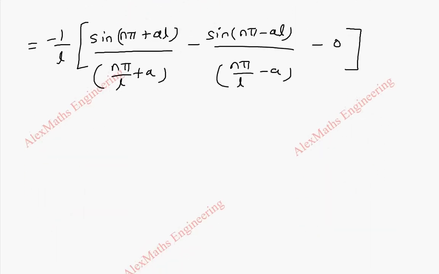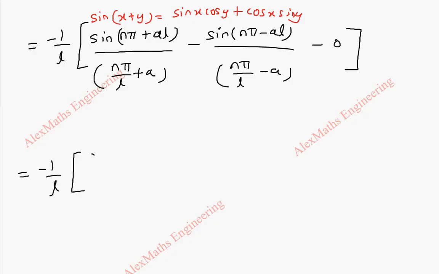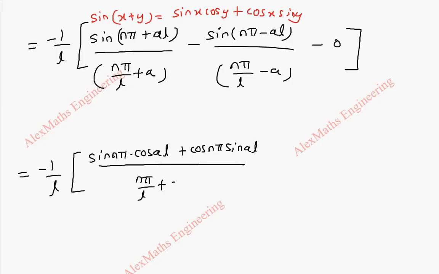Now we can expand this using the sin x plus y formula. Sin x plus y is sin x cos y plus cos x sin y. So this is minus 1 by L, sin n pi into cos al plus cos n pi into sin al whole divided by n pi by L plus a.